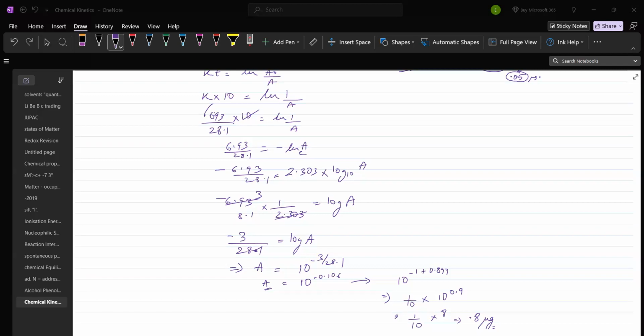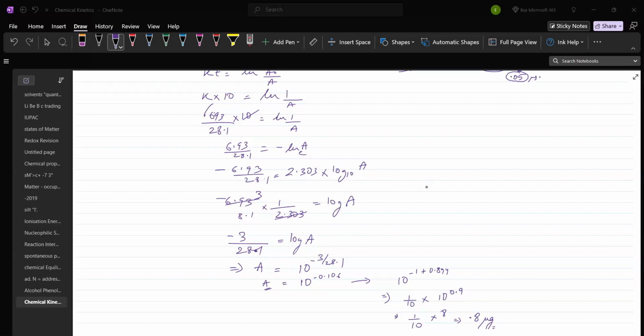Let me know when you are done. For this A, how did you take the power of 10? See, the power of 10.